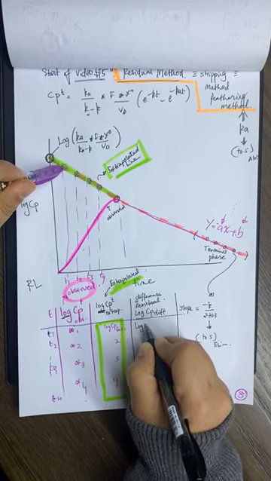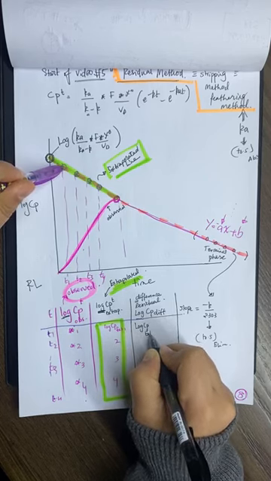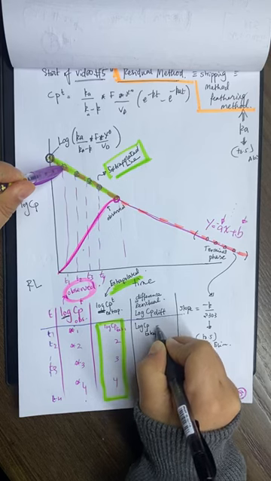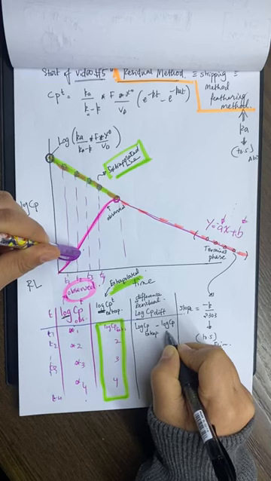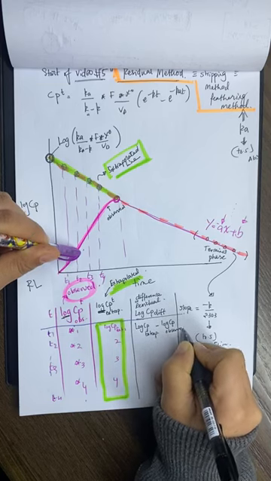log CB extrapolated minus log CB what? Observed.